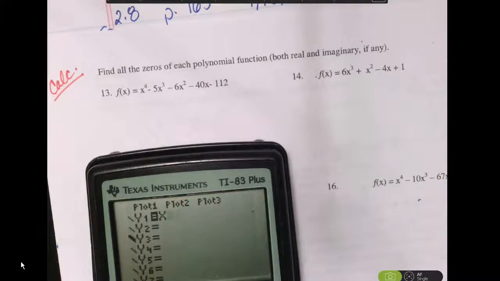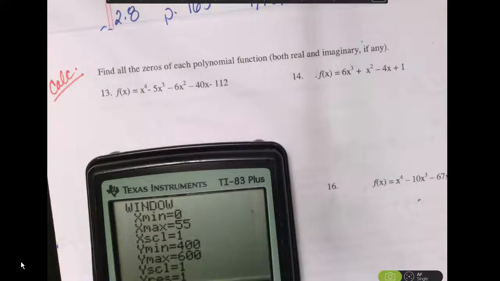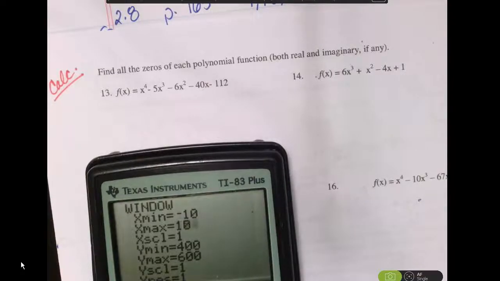X to the 4th minus 5x cubed minus 6x squared minus 40x minus 112. Let me change my window. I'll start with a standard window.